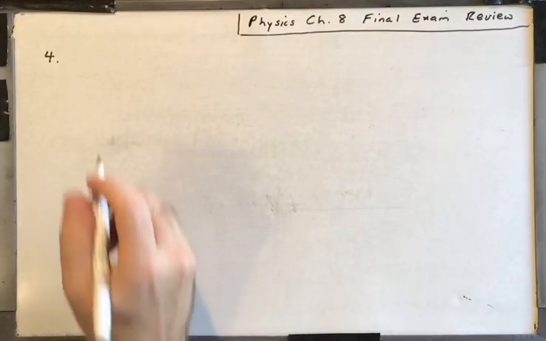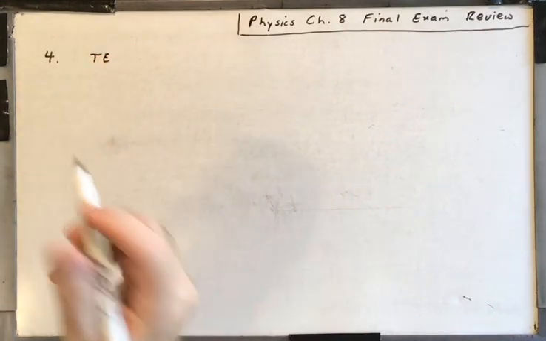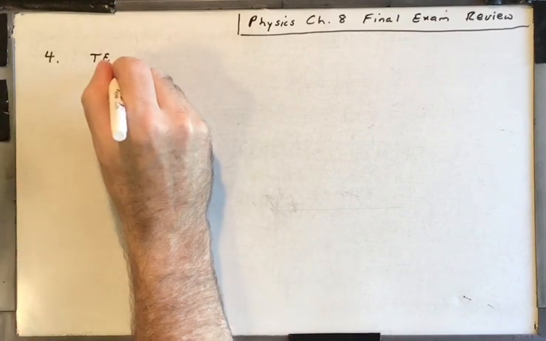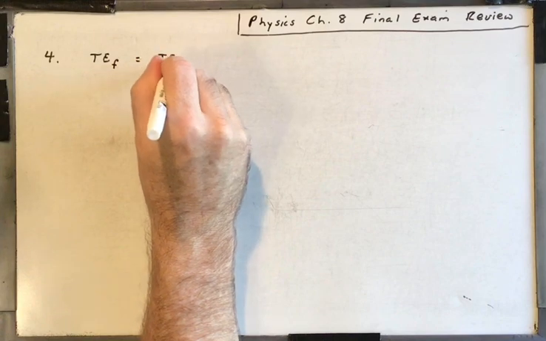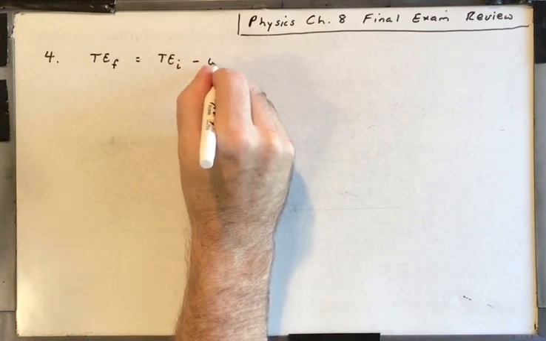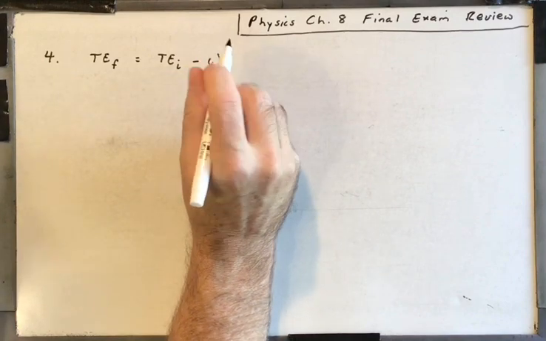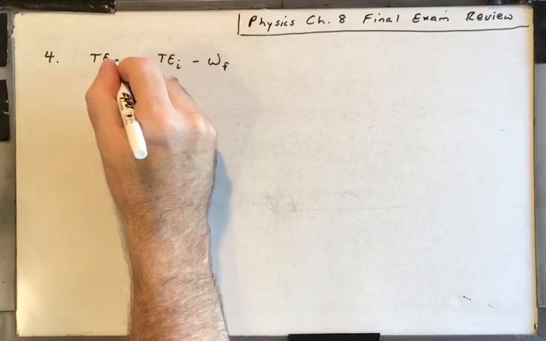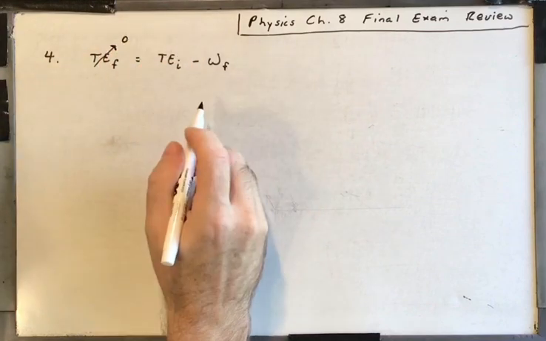All right, well, this is going to be our other equation from chapter 8. We have total energy final is equal to the initial total energy minus the work done by friction. Eventually that drag of humanity sophomore is going to come to a stop, so there won't be any energy in the end.